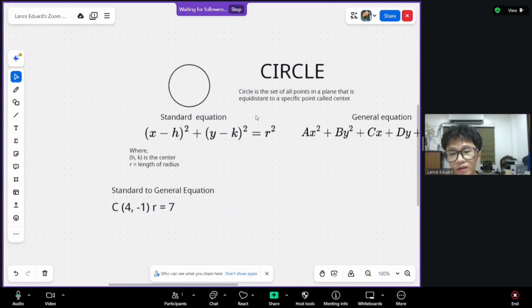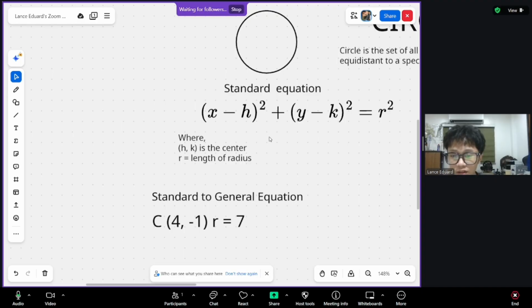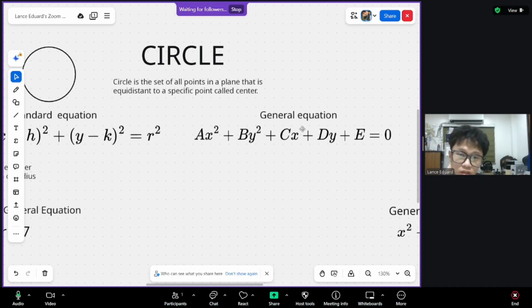We will be solving for two equations. The standard equation, which is (x minus h) raised to 2 plus (y minus k) raised to 2 equals r squared, where h and k is the center and r is the length of the radius.